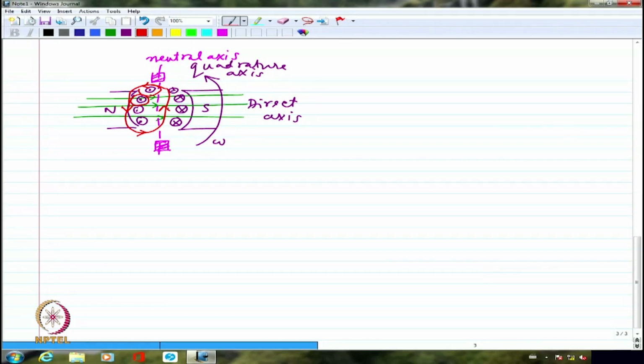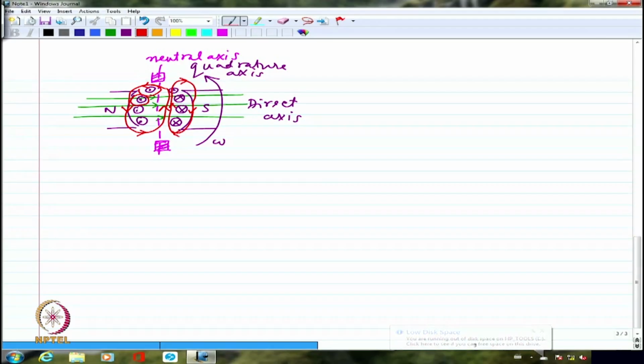Similarly, I should be able to draw the field lines for this as well. I should show them more through the air gap, which will actually be the other way around, right? This is how those things are going to be.